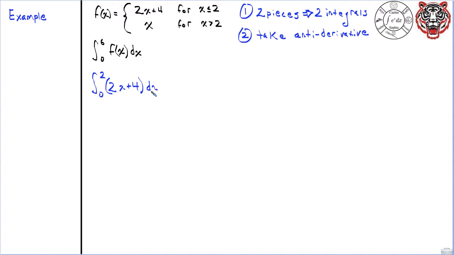Don't forget our dx. All right, and I need a second integral. This thing is equal to, by the way, all of this turns into this, 2x plus 4 dx, and from our suspect point from 2 to 6, because I end at 6 here, of our function over here. So this is going to be x dx.